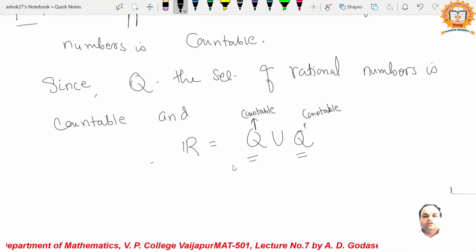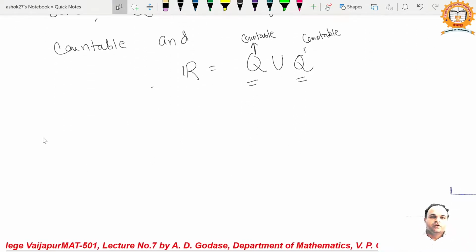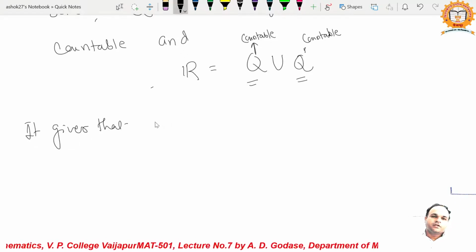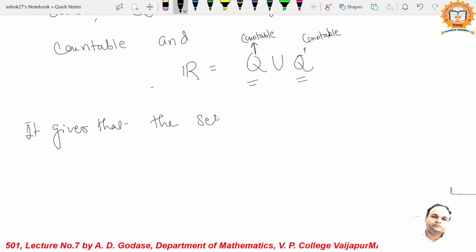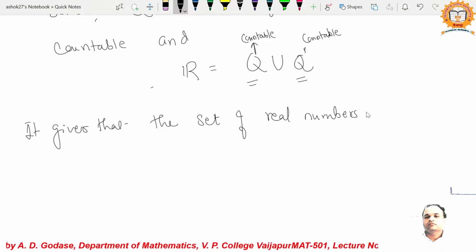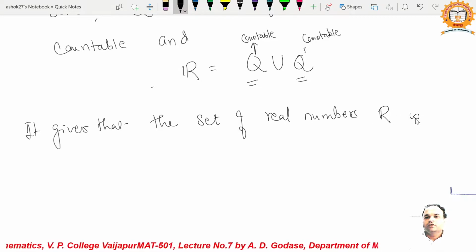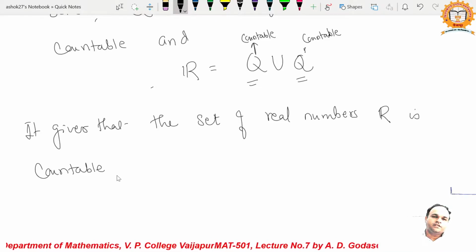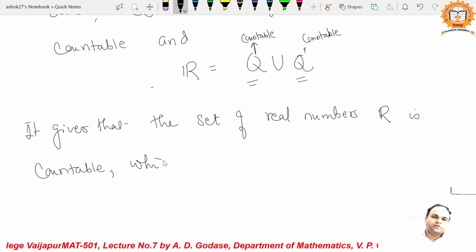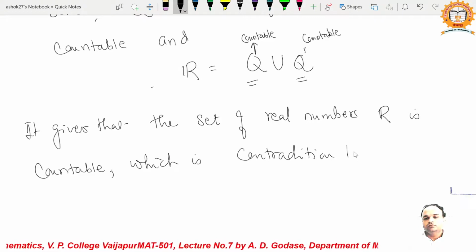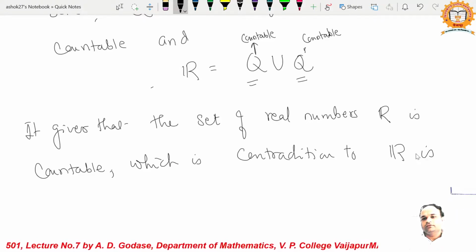So it gives that the set of real numbers, that is R, is countable, which is a contradiction to R being uncountable.